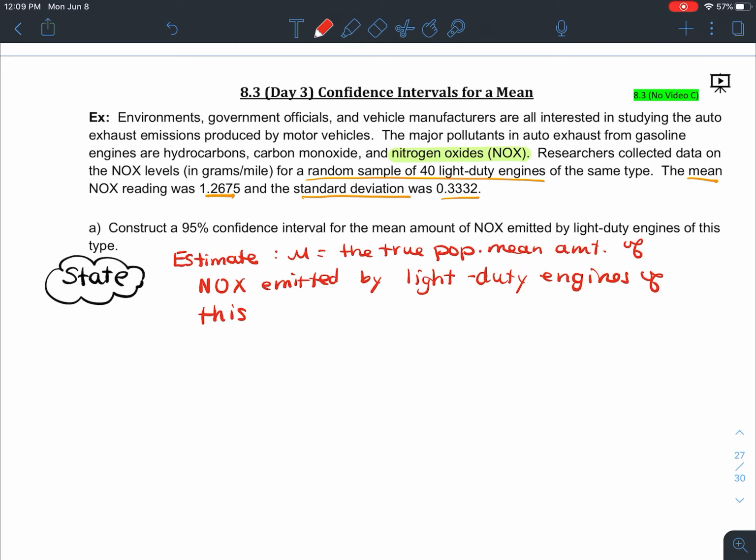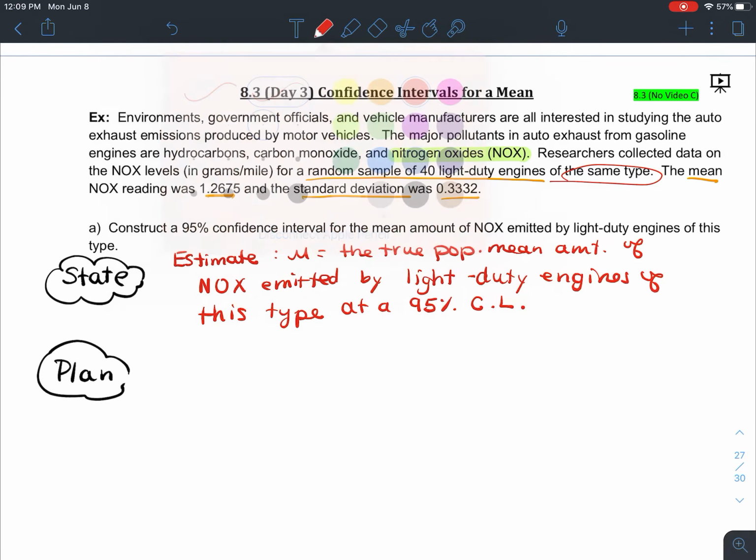Because it mentions up here, they took 40 light-duty engines, all of the same type, and so we can't necessarily be drawing this conclusion about all engines. That's why we want to be specific by light-duty engines of this type at a 95% confidence level. Okay, that completes our state step.